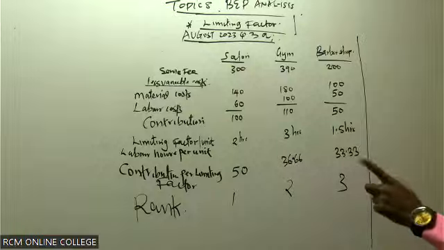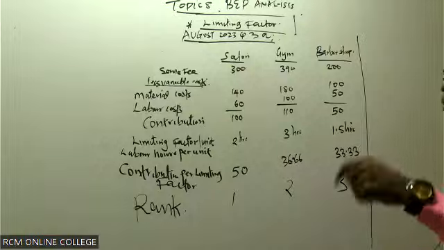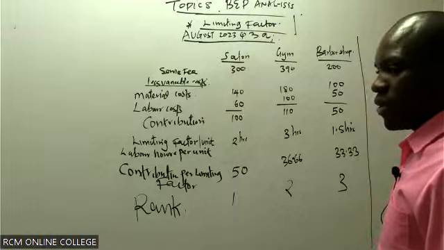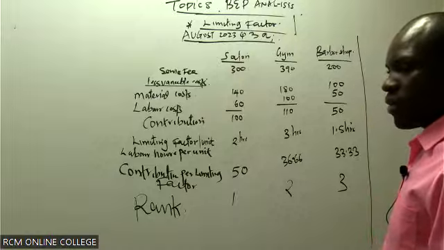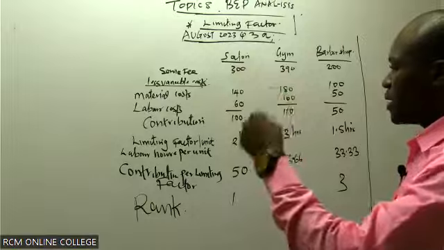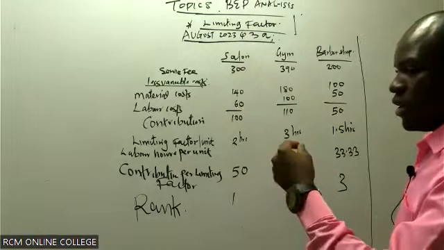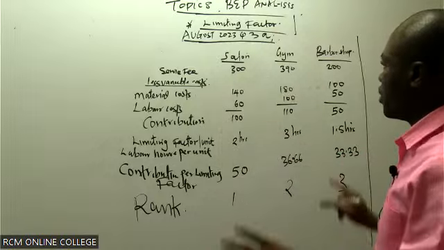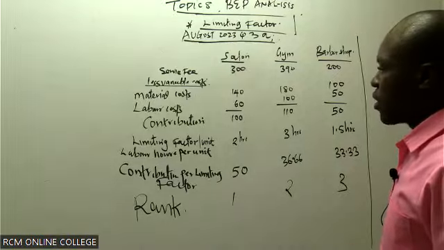Do we have somewhere where you are told the maximum demand by the market is this number of units or number of clients? Salon has got this, gym has got this, barbershop has got this.